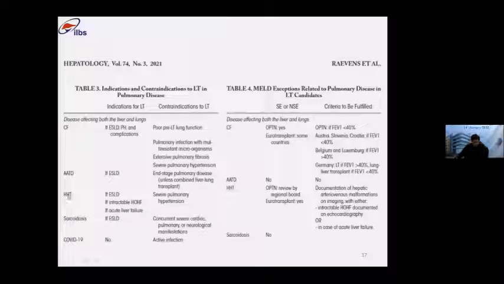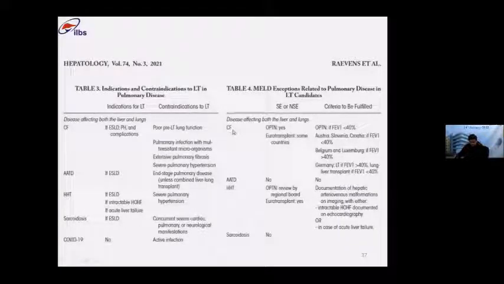And in hereditary hemorrhagic telangiectasia, the presence of intractable high output heart failure, also leading to acute liver failure, is also an indication. Development of severe portopulmonary hypertension is a contraindication. Sorry, pulmonary arterial hypertension.